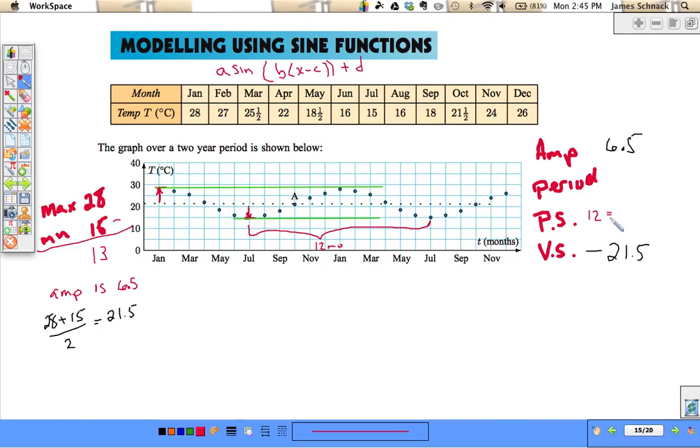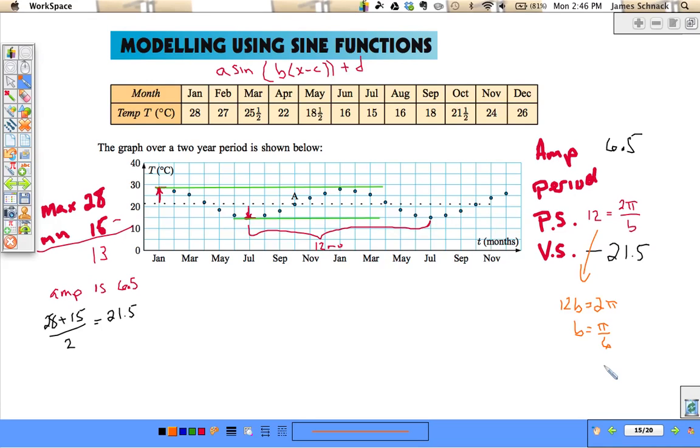Remember, we don't just plug 12 right into this equation. We've got to do this 2 pi over b thing. So we're going to solve for b. So 12b equals 2 pi, and we get b equals pi over 6. Awesome.